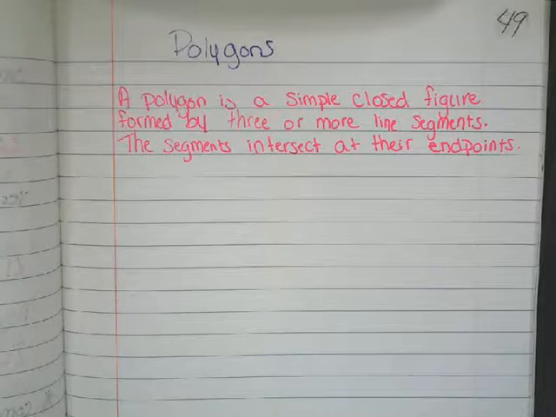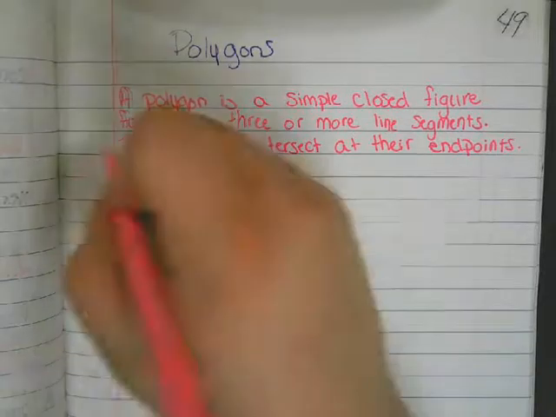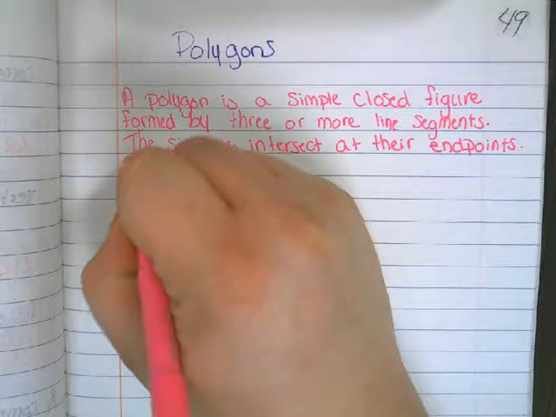So the next thing we're going to do is look at some polygons and not polygons, and we're going to talk about why they are polygons or why they are not. Okay, so first ones we're going to look at, these are all polygons.